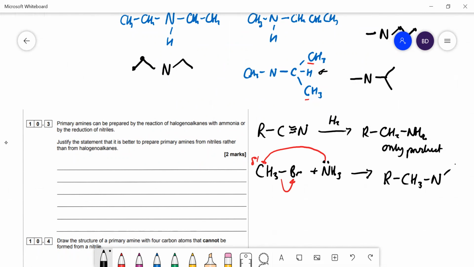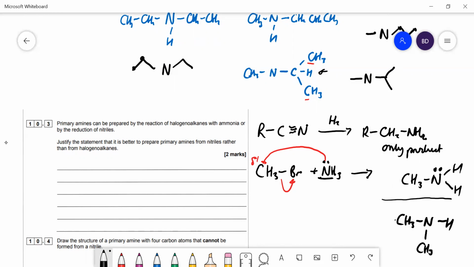But the trouble is that this has got a lone pair on that, so that's a nucleophile as well as the ammonia. So this thing can react with another CH3Br, and essentially you're going to replace another hydrogen. So you get CH3 there, get rid of that, sorry.